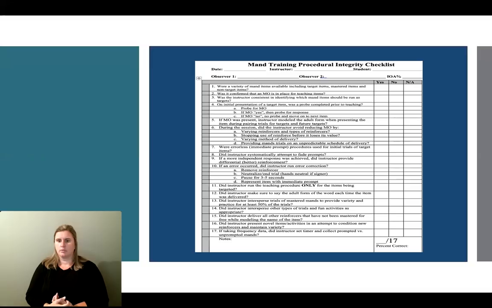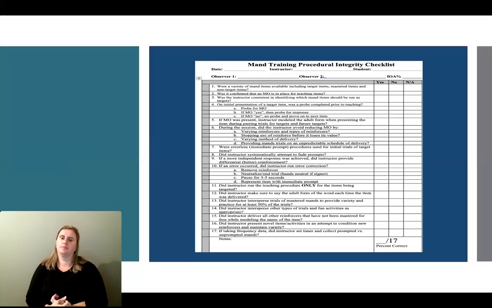So the advantage of assessing treatment fidelity is that it should allow us to really account for all possible components of implementation that may actually affect specific performances.